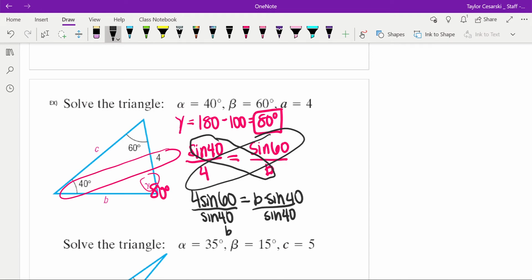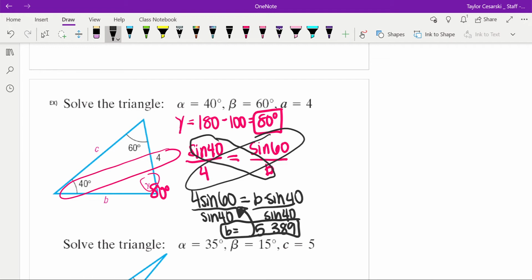So basically you just have to type that whole mess in your calculator. Okay, again, making sure that it's in degree mode, close your parentheses, all that fun stuff. So I'm going to give you a second, and I'm going to check mine just to make sure. Okay, so to 3 decimal places, you should get 5.389.